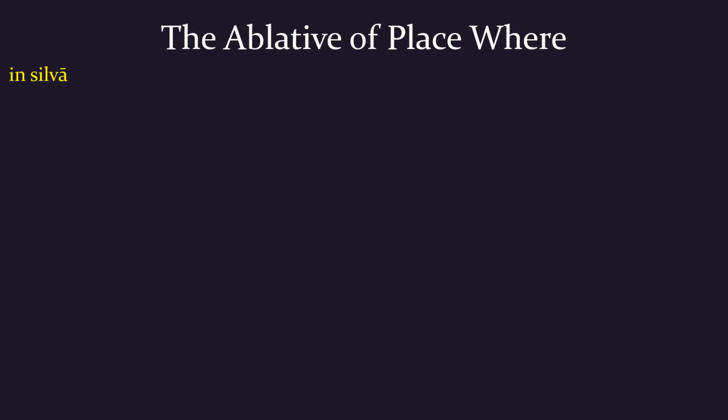Now let's take a look at the ablative of place where. The ablative, we know in the singular, has an A with a macron over it. We also know that the ablative could be a couple of different things. It could be by or with, and there are other combinations that work. We're going to use the word in here so that we know it can't be by, it can't be with, it can't be from.